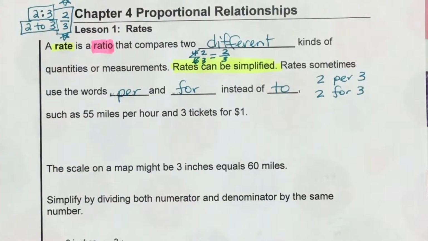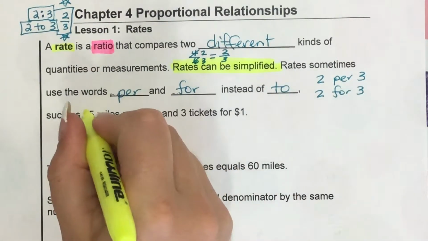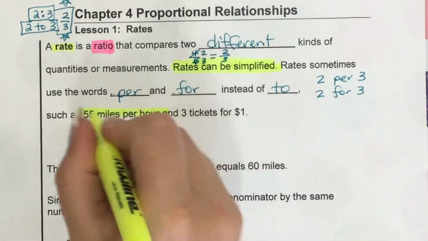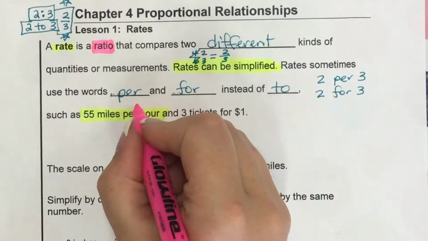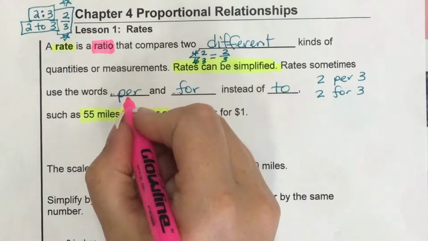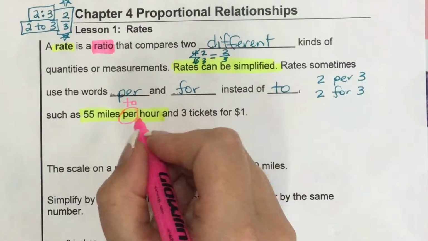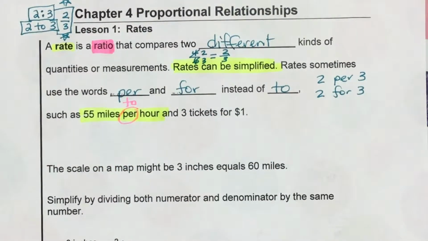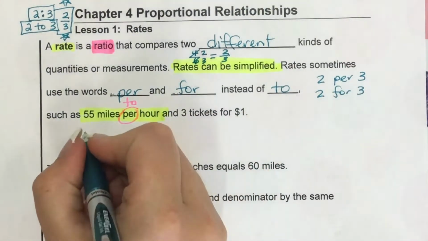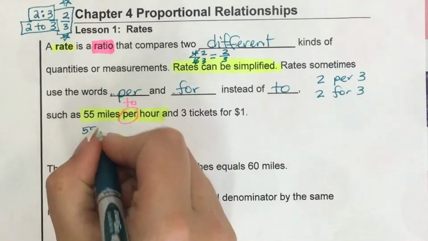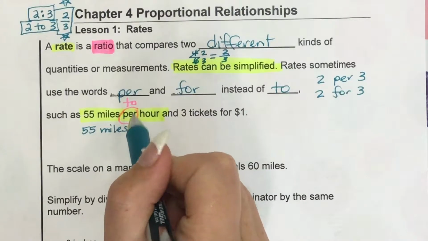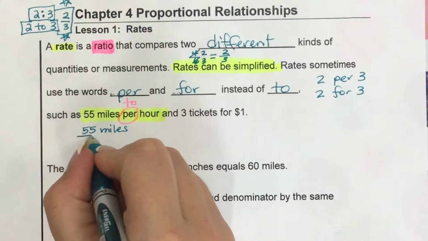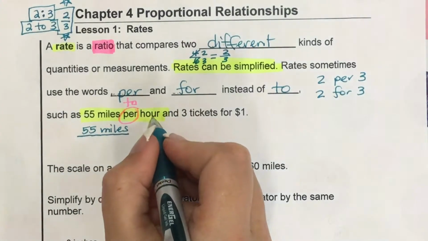Such as 55 miles per hour. If we're looking at that, we see that word per right there. Well, that means the same thing as to. So the way that we would write this rate would be to write 55 miles, and we're going to put it in fractional form. So that per, which means to, is where you write the fraction, per hour.